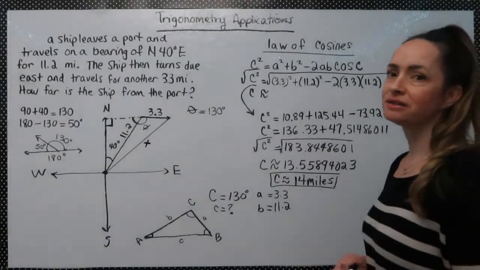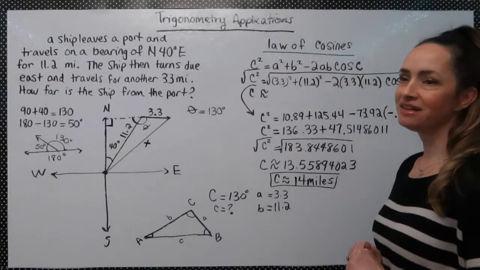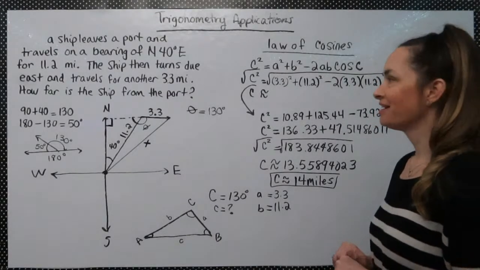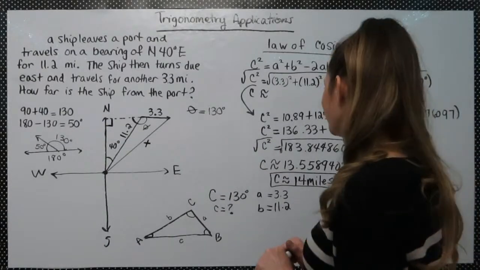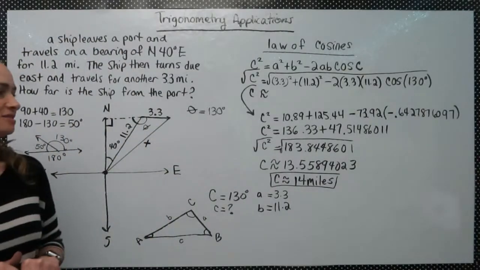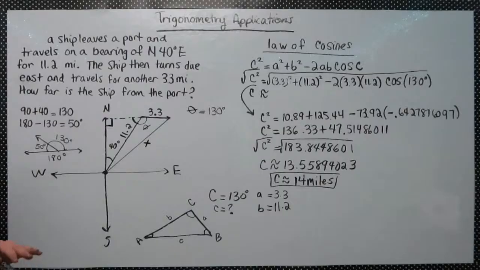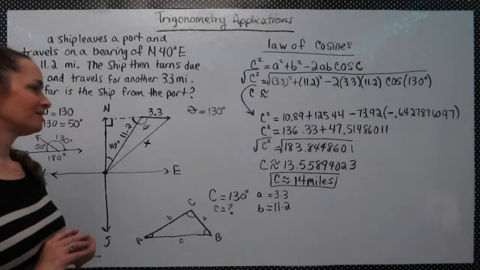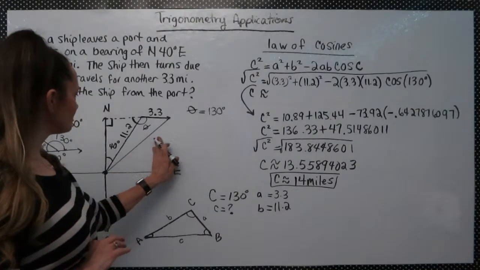So I might just celebrate that victory and stop early tonight and conserve my energy for tomorrow. This is good. We accurately accomplished our goal, which was to find how far the ship is from its port.